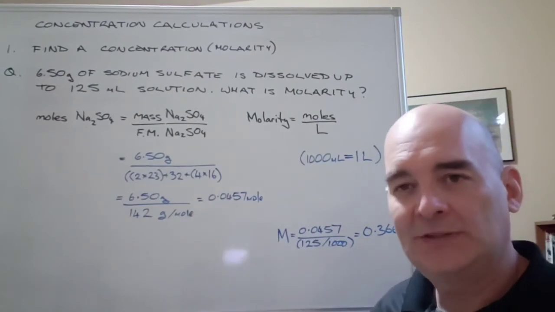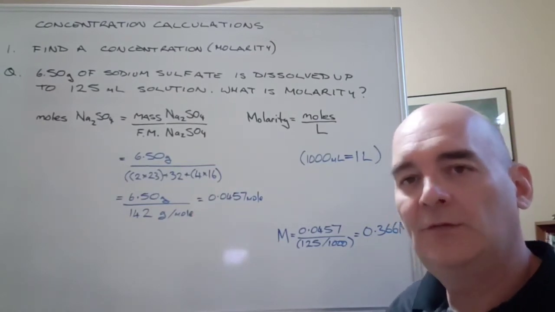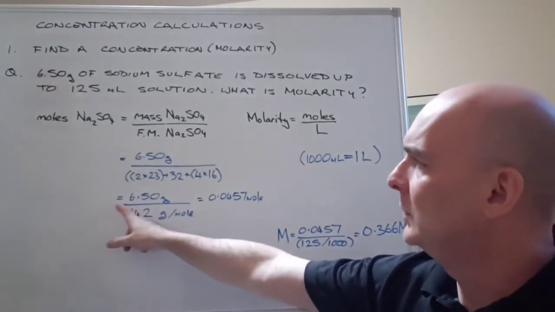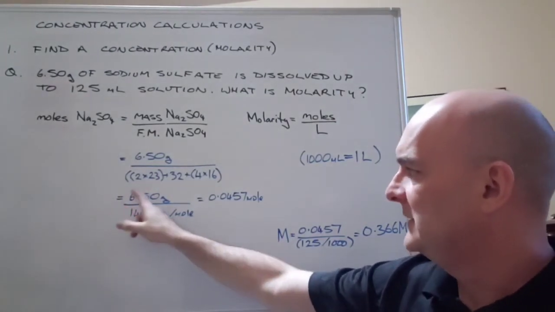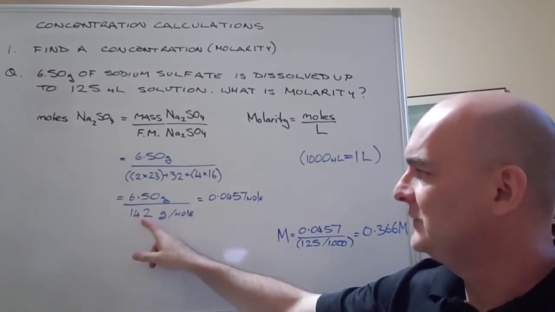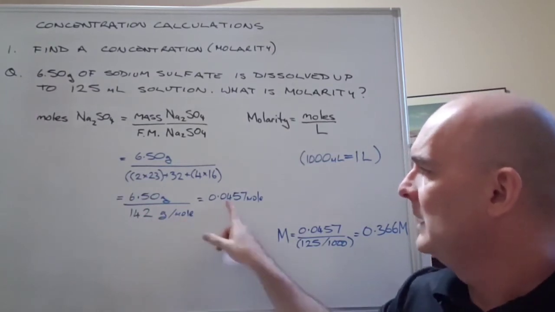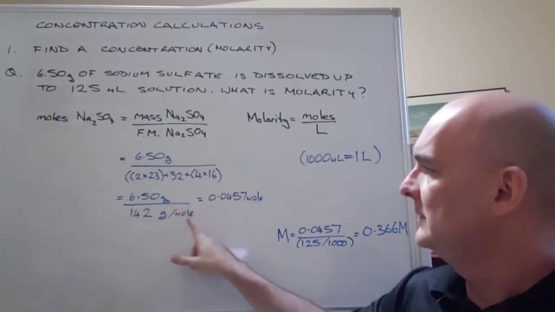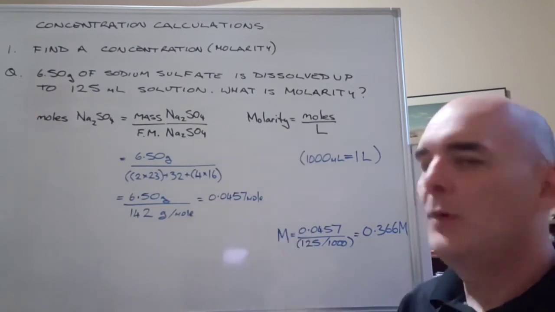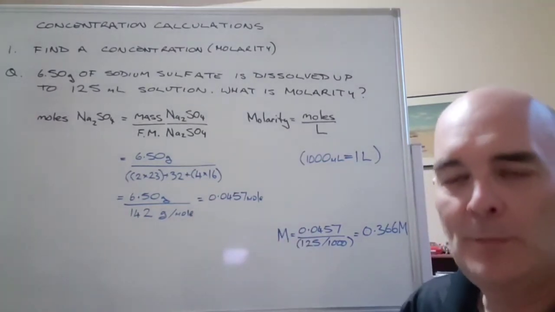Remember, the formula mass is the sum of all of the individual atomic masses in the formula. So the number of moles of sodium sulfate is 6.50 divided by 142 grams per mole. The grams cancel, the per mole travels to the top, 0.045 moles. So I have a mole amount.